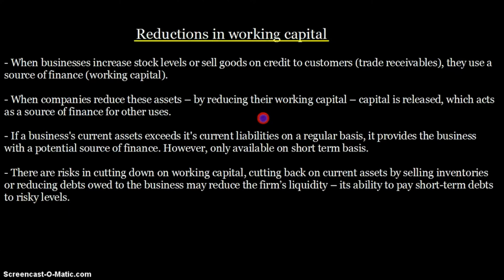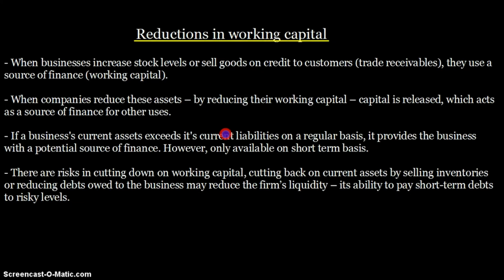If you reduce your current assets, the capital that was used for purchasing these assets could be used somewhere else. That's the basic idea when we say reductions in working capital.